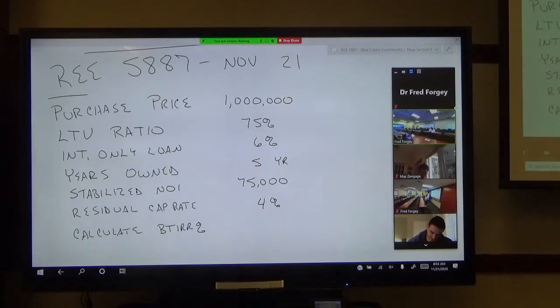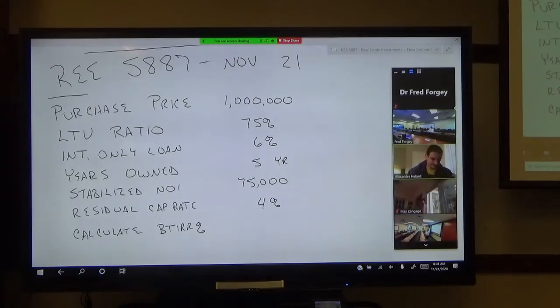What line item? You would be using your NOI subtracted by your debt service.